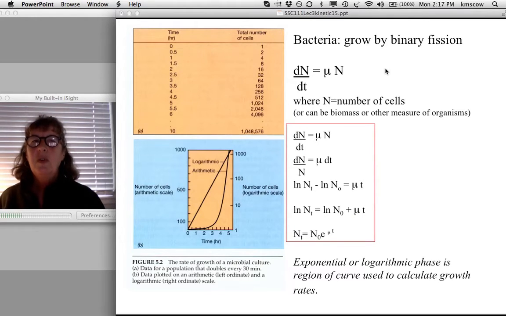All right, so let's go back to that logarithmic phase. So bacteria grow by binary fission.